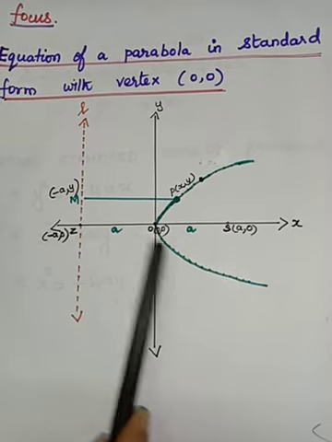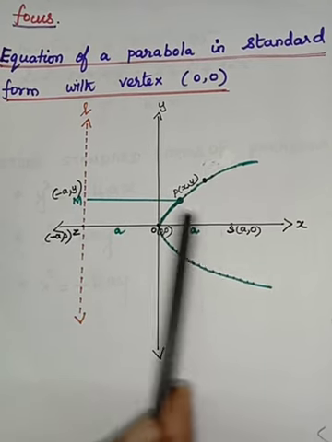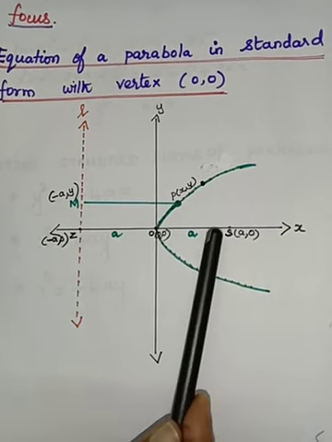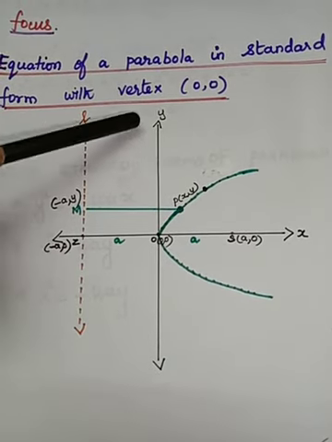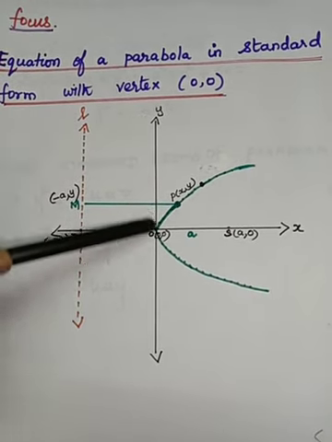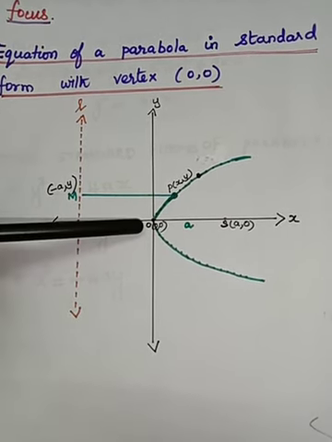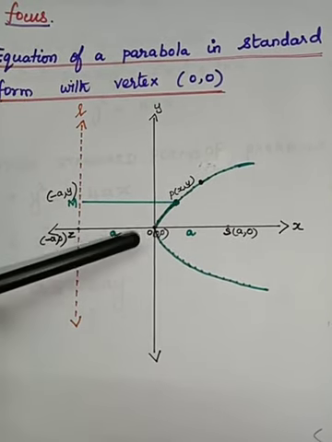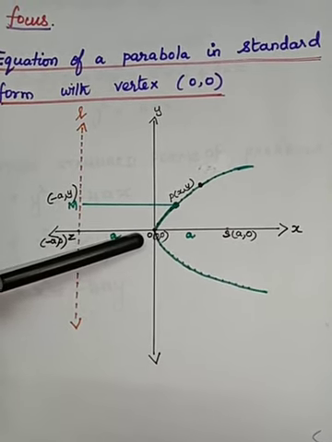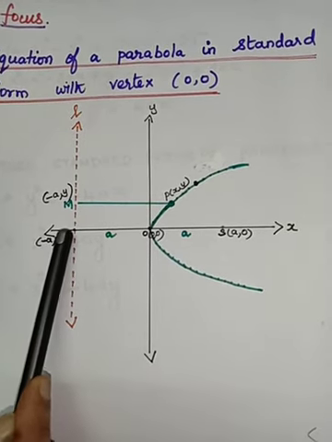Next, the perpendicular bisector of SZ: produce that as the y-axis. The point of intersection of SZ with the perpendicular bisector is the origin. Now take SZ equal to 2a.